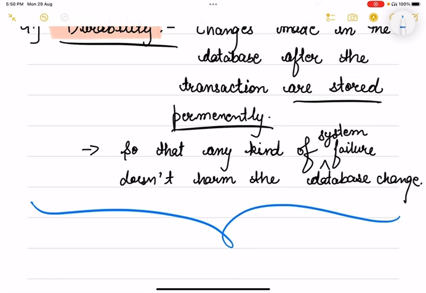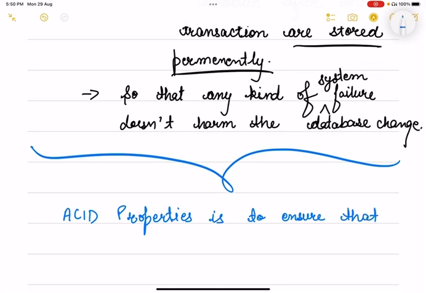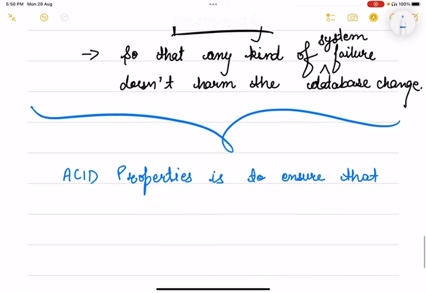What we will say, ACID properties are to ensure that the database is correct and consistent.